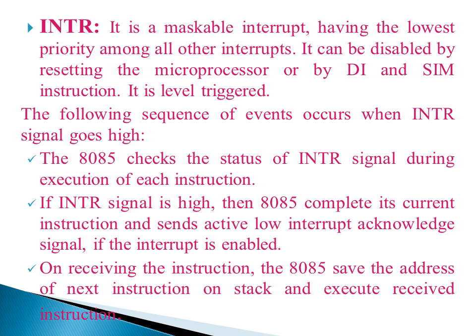If the INTR signal is active high, then 8085 completes its current, that is ongoing, instruction, and sends an active low interrupt acknowledgement signal if the interrupt is enabled. Then on receiving the instruction from the external device which is sending the interrupt, the 8085 saves the address of the next instruction on the stack and executes the received instruction.